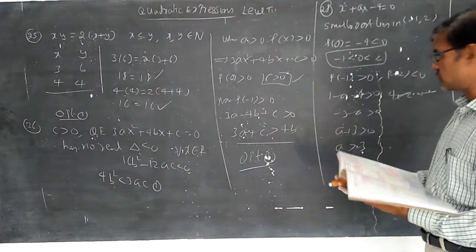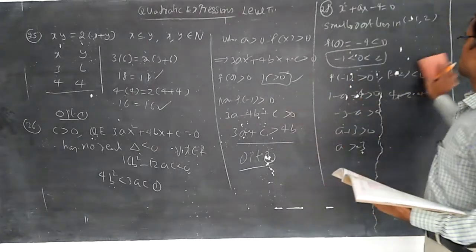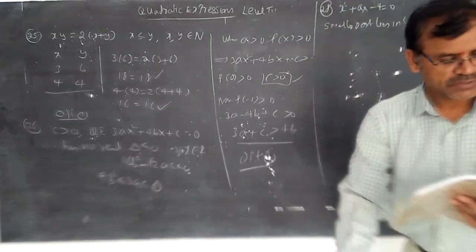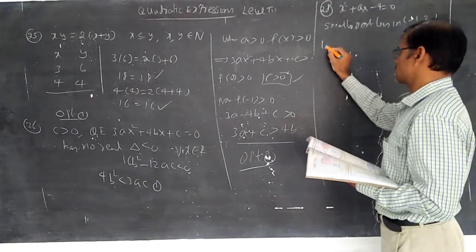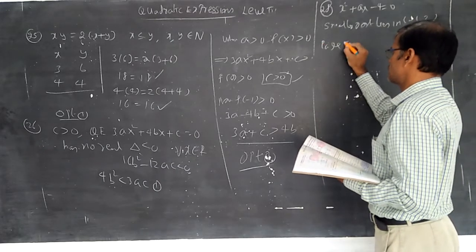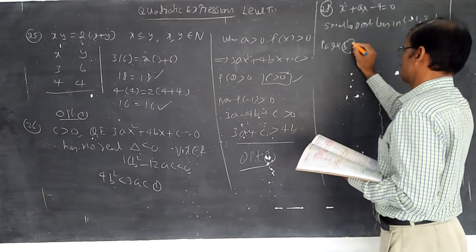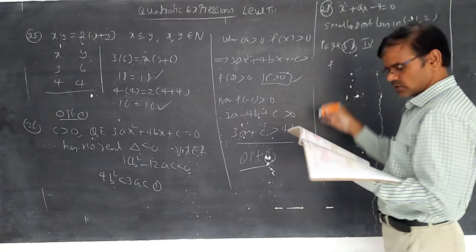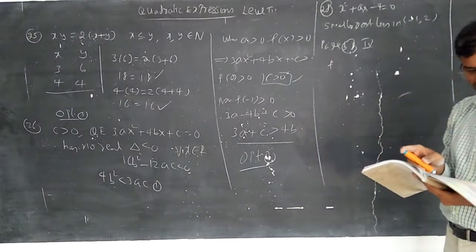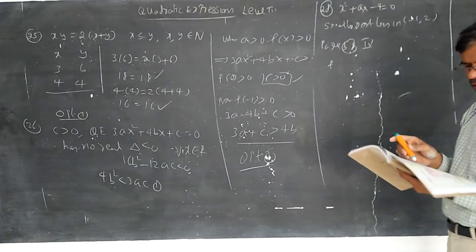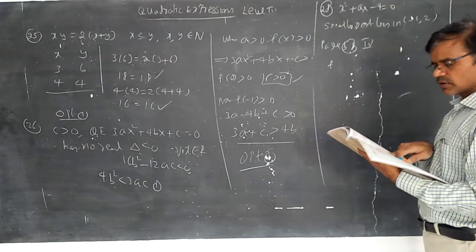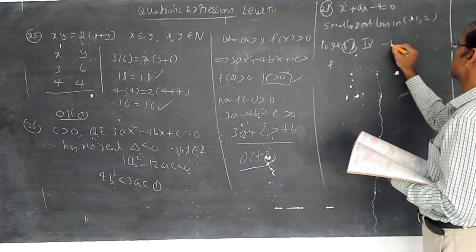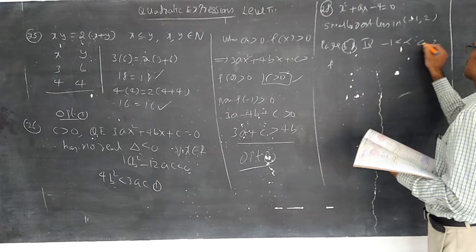Page number 58, fourth concept. According to that, exactly one root lies in the interval, so minus 1 less than alpha less than 2.